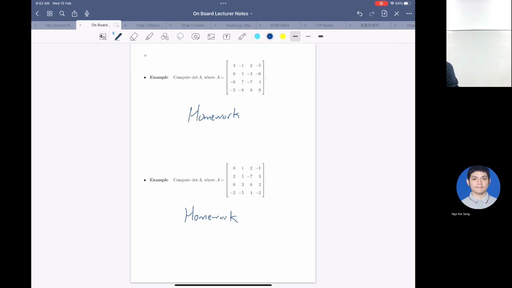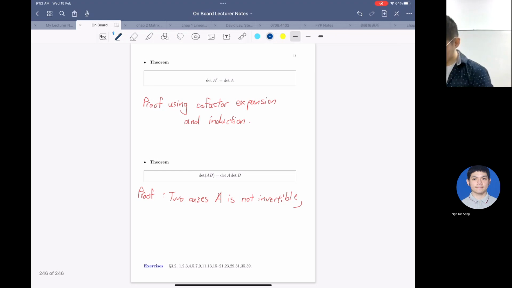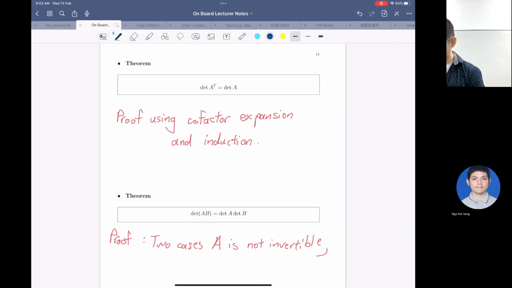It's the same exercise we did just now, finding the determinant. So the next part is, if you transpose your matrix, the two determinants are the same. Why? Determinant can be computed using every row or column. So if you transpose it, does the row or column change?